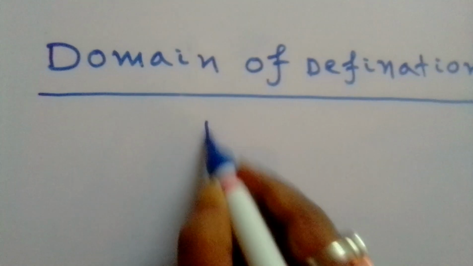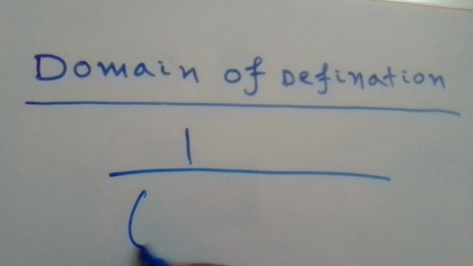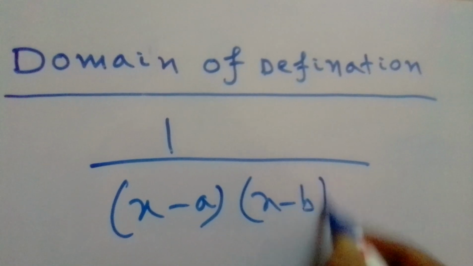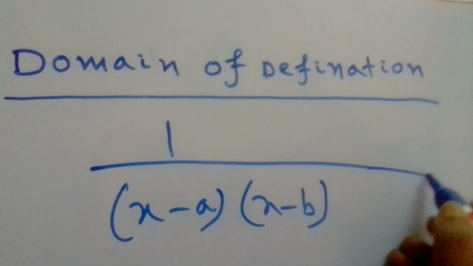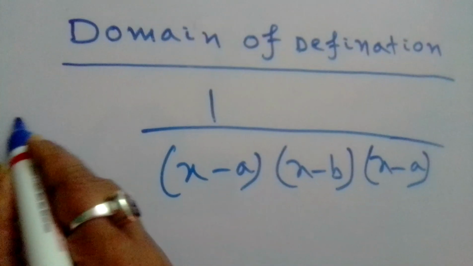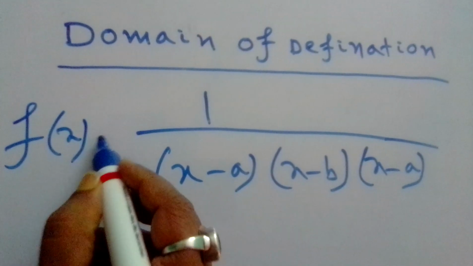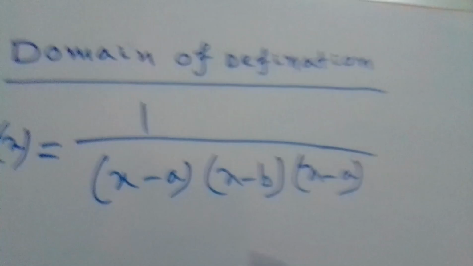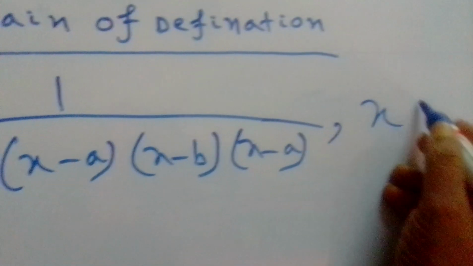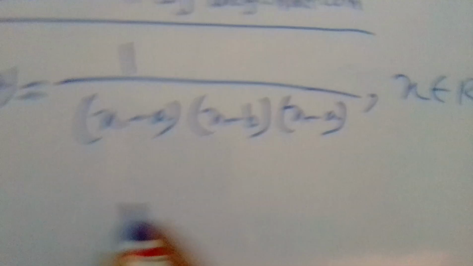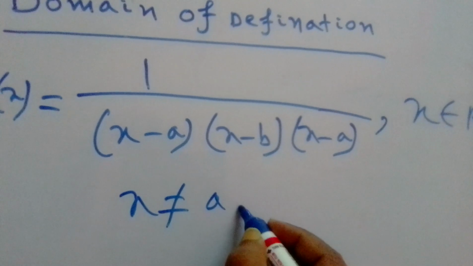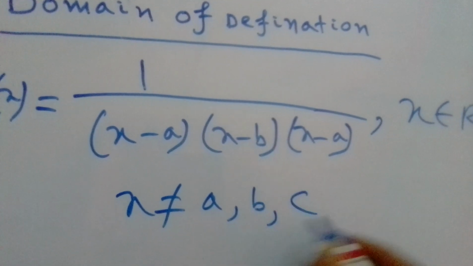If we consider another function, 1/((x-a)(x-b)(x-c)), and take it as f(x), with x belonging to the real number system R, then here also x is not equal to a, b and c.